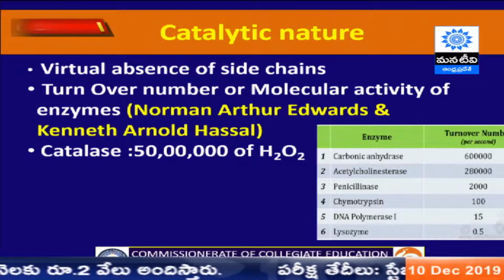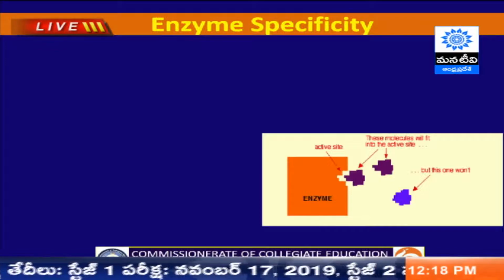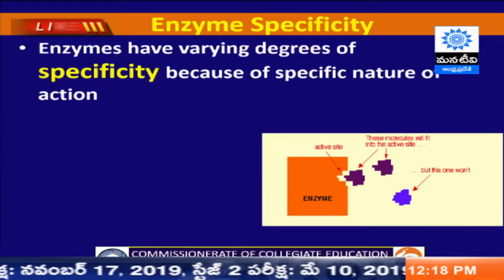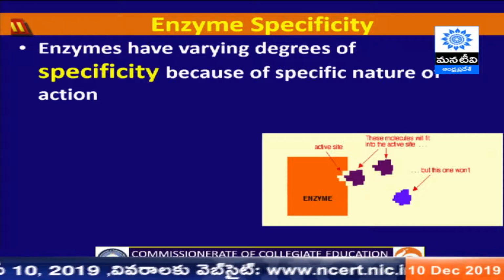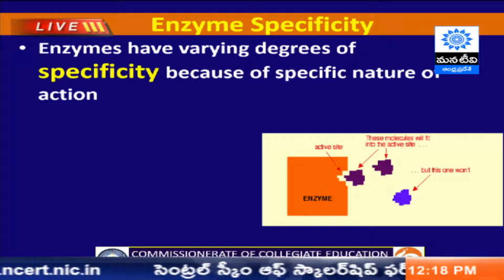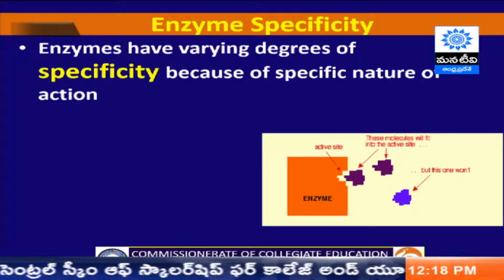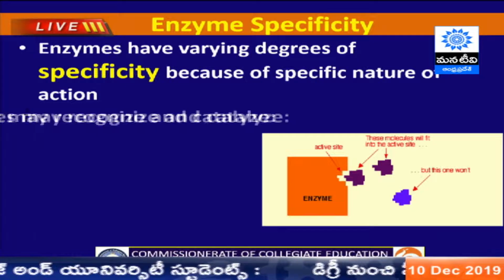We have given the turnover number and the enzyme specificity. These enzymes have varying degrees of specificity because of the specific nature of their action. This is a property which is unique for enzymes. They must act only on certain substances.